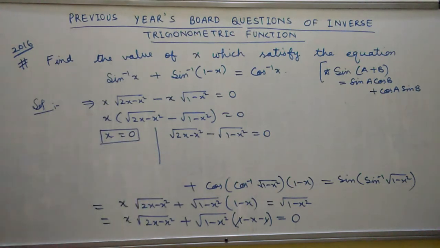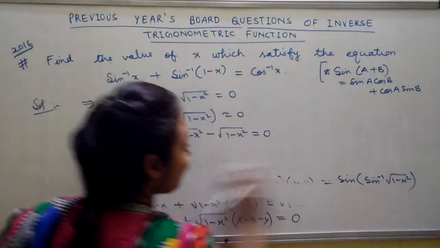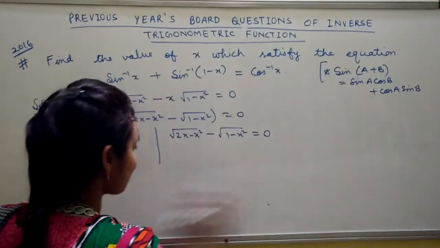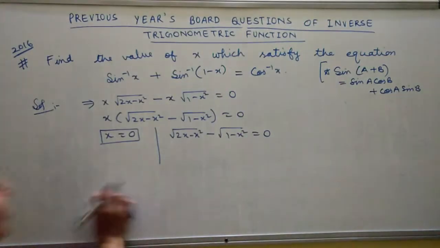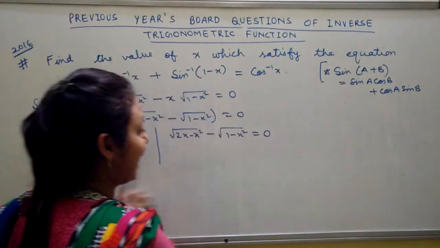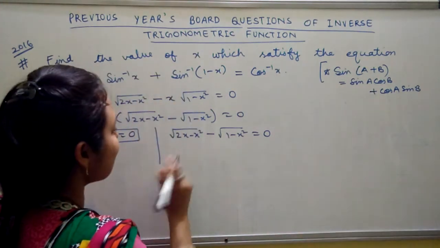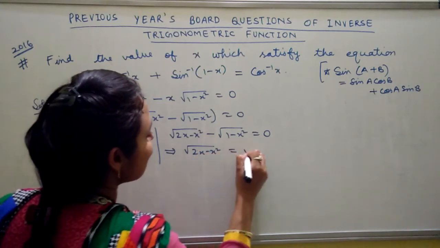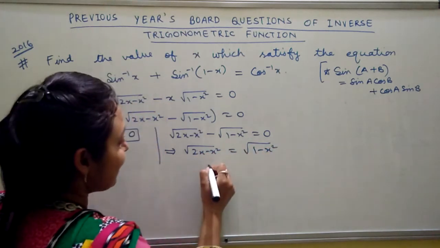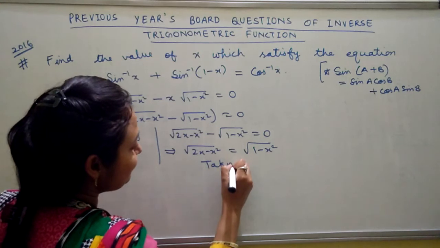For finding the second value, how we can find the second value? Second value is also very easy. How to find? By squaring to cancel the under root. Under root 2x minus x square is equals to 1 minus x square.